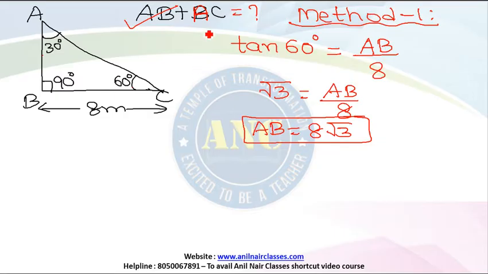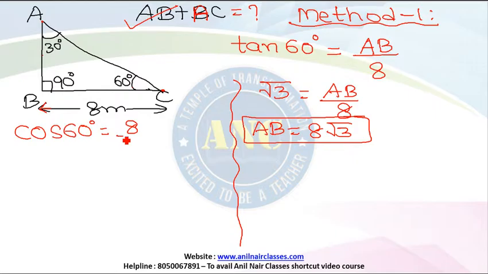Now similarly, AC value I require. AC is nothing but the hypotenuse, and this side adjacent to 60 degrees is also known as 8. That means hypotenuse is known, adjacent is known. So it is cos which I need to apply. Cos 60 is nothing but adjacent by hypotenuse. Adjacent is 8, hypotenuse is AC.